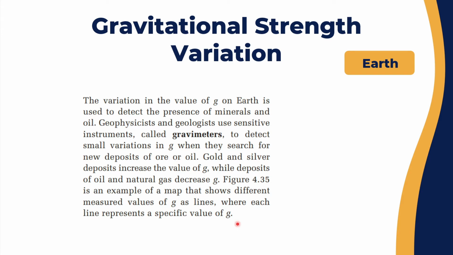Geophysicists and geologists use sensitive instruments called gravimeters, sensors that detect the value of gravitation, so that small variations in G can be detected when they are searching for a new deposit of ore or oil. Gold and silver deposits increase the value of G, while deposits of oil and natural gas decrease G. That helps in finding all the minerals under the Earth, either liquid or solid, by determining the value of the gravitational acceleration.